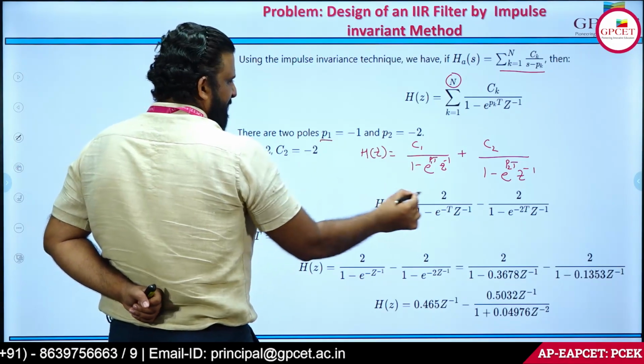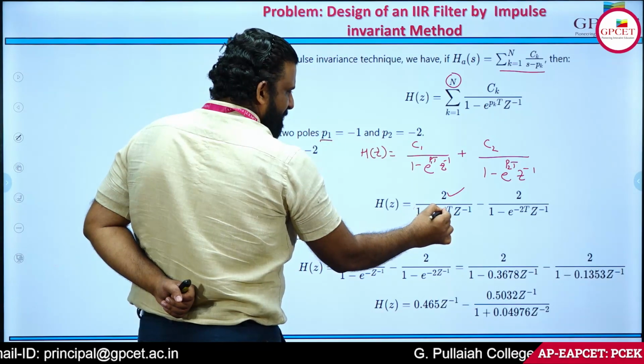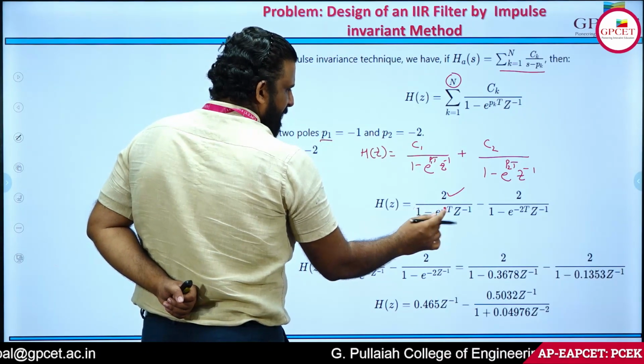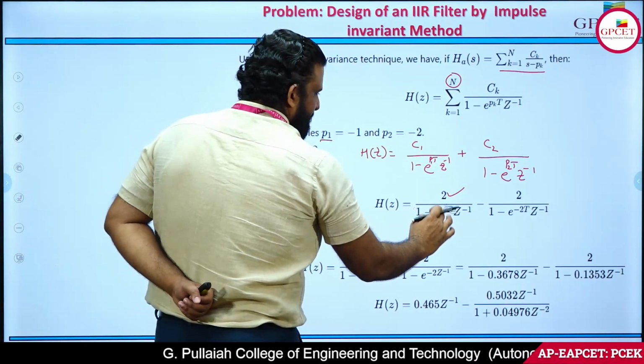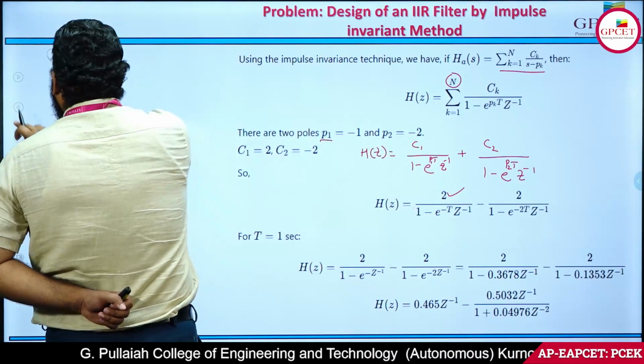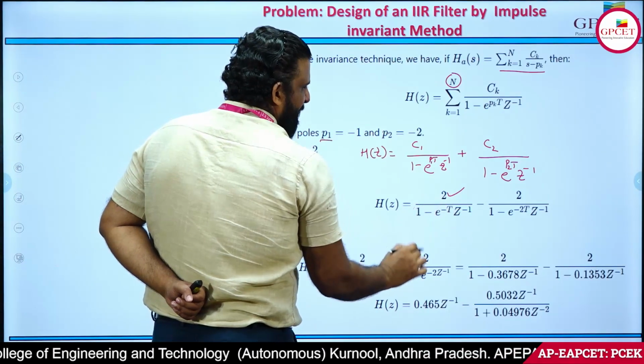So what is the value of c1? c1 is equal to 2. What is the value of p1? Here p1 is equal to -1. So I am writing 2 / (1 - e^(-T) z^-1) as the first term.